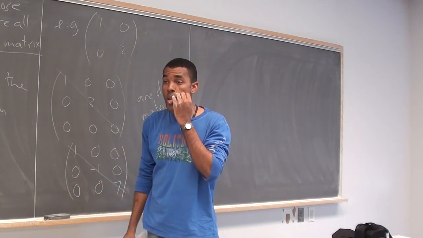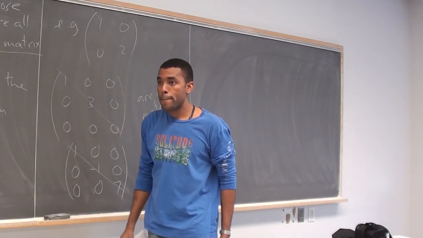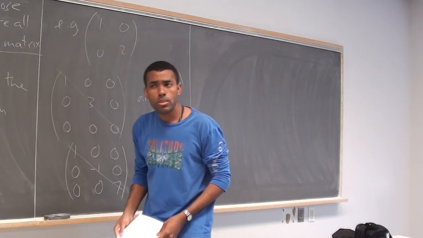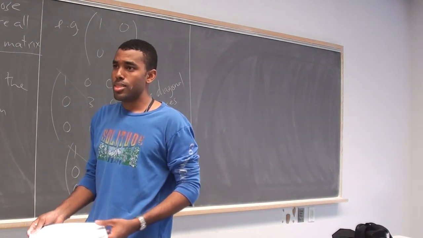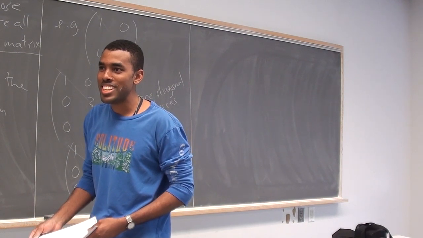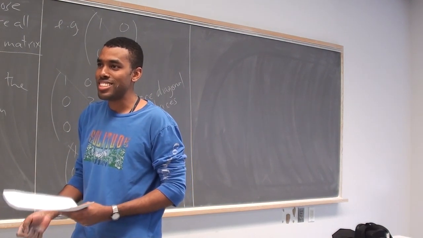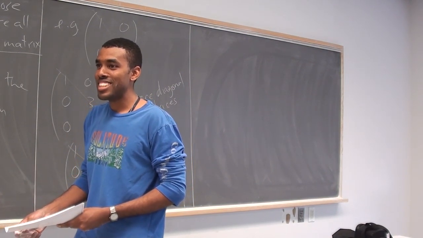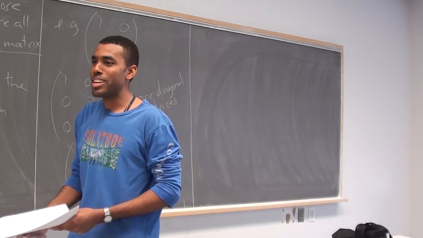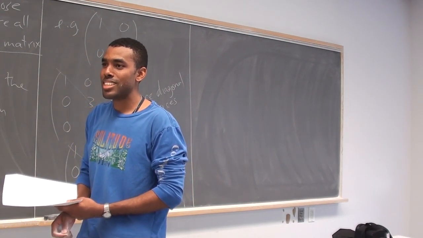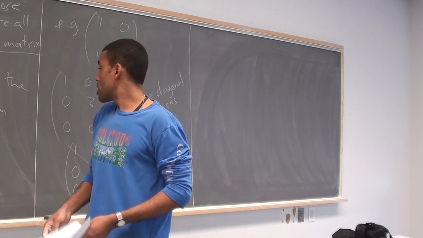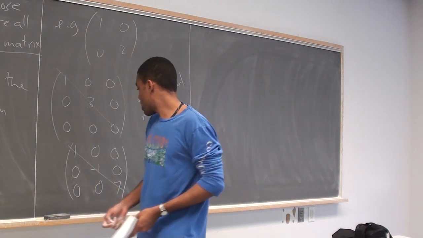This works on any matrix, so if I have a 5 by 6 matrix, as long as it's diagonal, I can do the same thing. Isn't that like row reduced or something, where you have zeros above?